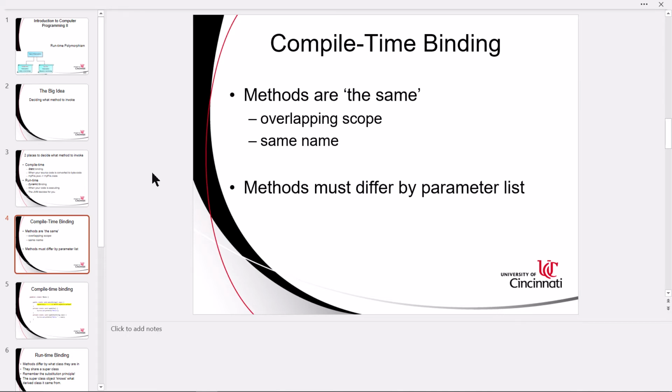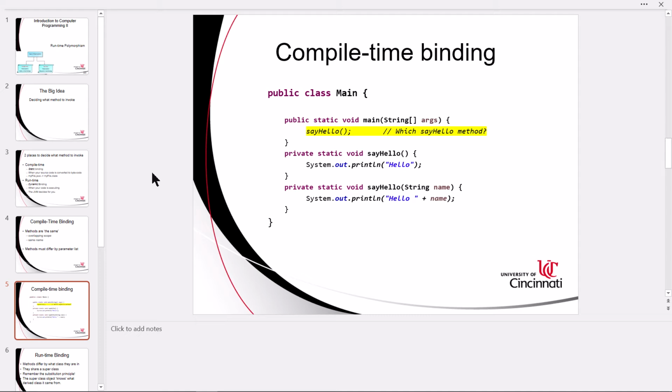On the next slide, here's our motivating example. We have a really simple exercise where the main method calls a method called hello. However, there are two methods called hello. Is this a compile error? Is this a build error?